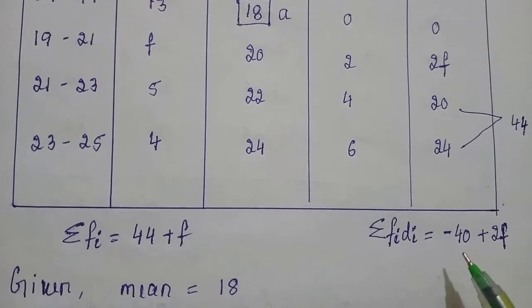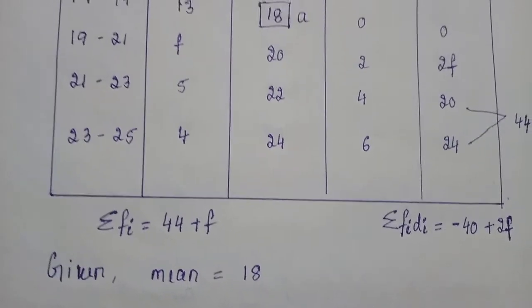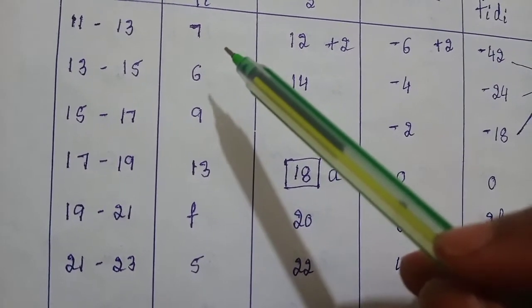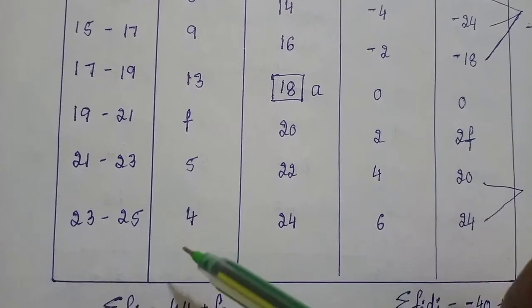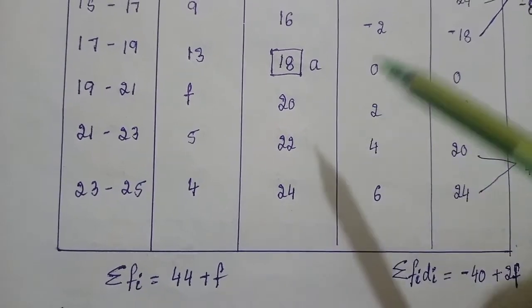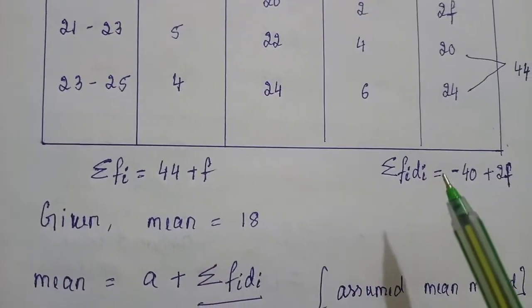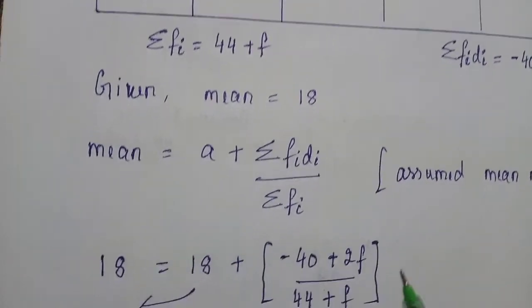So when you add all this, we got minus 40 plus 2f. Similarly, we need to add the summation of fi. So add here 7 plus 6 plus 9 plus 13 plus 5 plus 4 is 44, and 1f, that is plus f. So summation of fi is 44 plus f, and summation of fi di is minus 40 plus 2f.